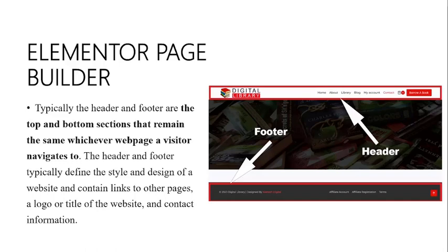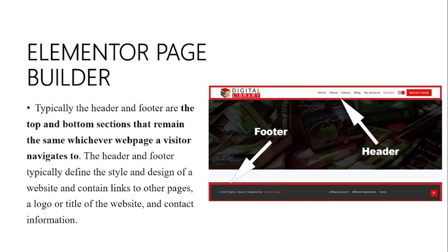Now the header and the footer typically define the style and design of the website and contain links to other pages, a logo or a title of the website, and contact information. So guys, as you can see, the header and the footer mostly have links to other pages of the website. They also contain logos, and your website contact info and other stuff.